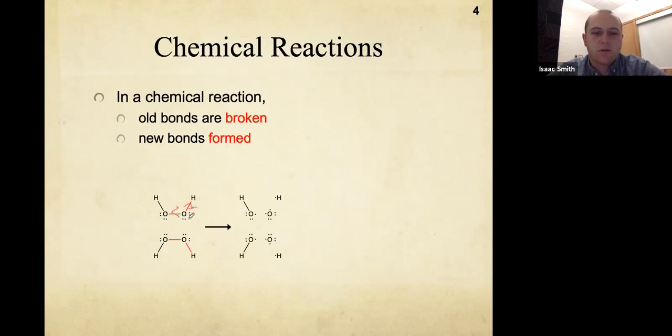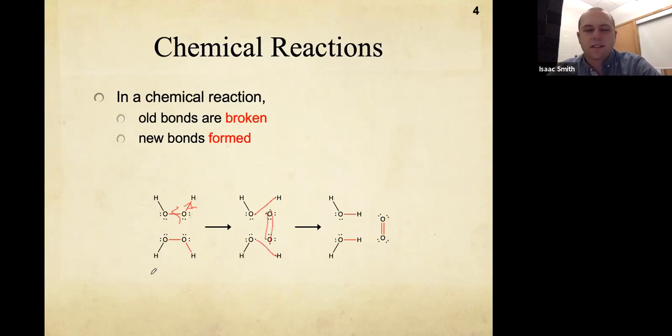Those break apart, and you have this hydrogen and oxygen, and this oxygen and hydrogen still left. The next part of the reaction is to reform new bonds. This oxygen forms a new bond with that hydrogen here, and then these 2 oxygens form a bond between each other. So you're left with water and oxygen.